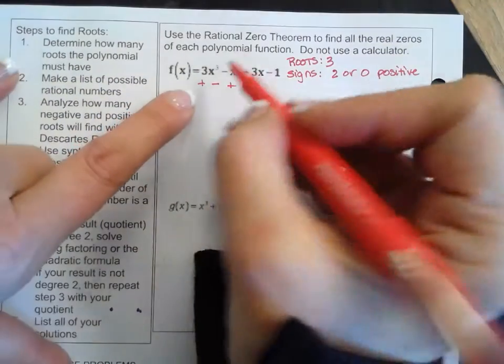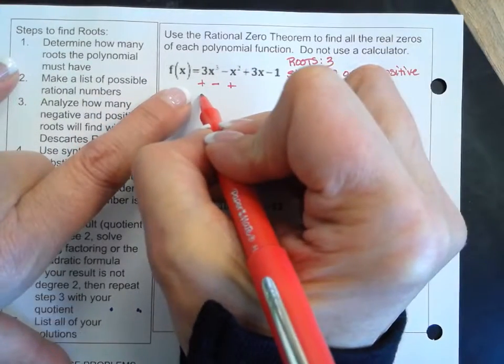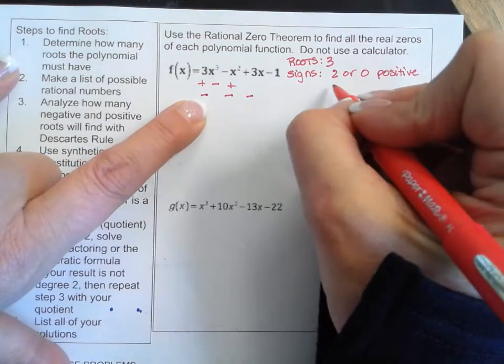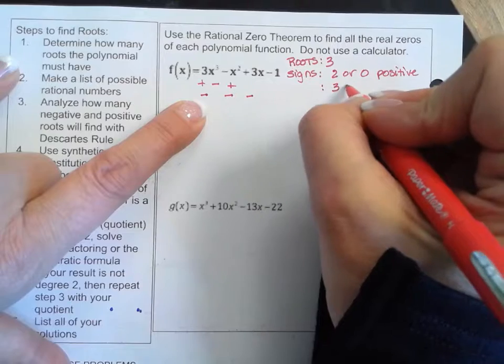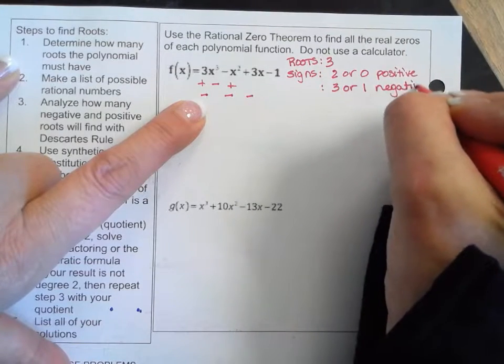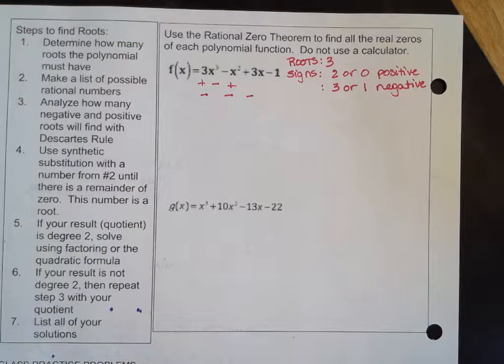Okay? Now, if I put negative in, that's going to make this negative, that's negative, and that's negative. So that means I'm going to have 3 or 1 negative signs. Just for when we have that list of P's and Q's, it's going to help me kind of figure out a little bit more.